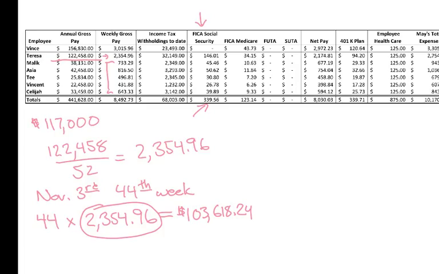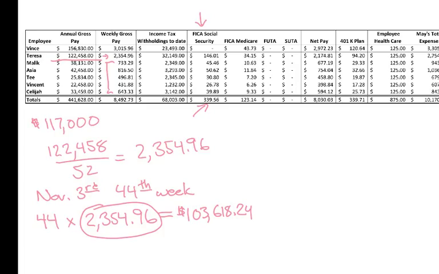So next, the next question asks us to calculate May Corporation's FICA Medicare tax. Now, Medicare, unlike Social Security, does not have a ceiling. So therefore, everyone's salary, no matter the amount, is subject to it.